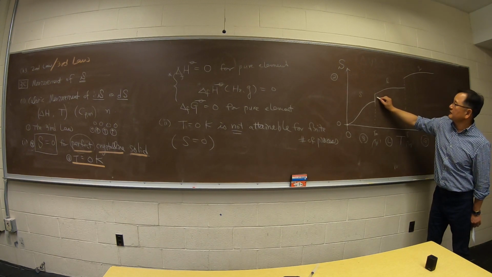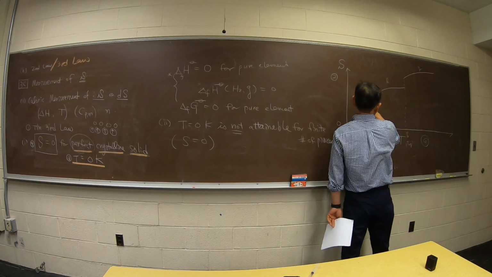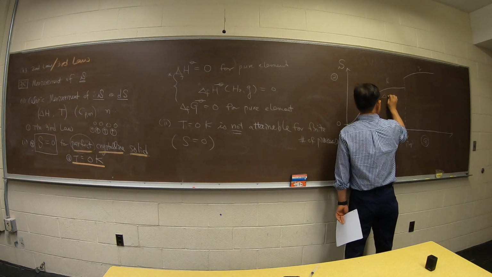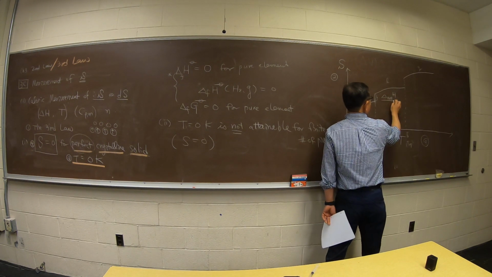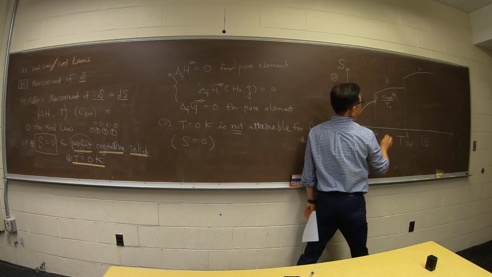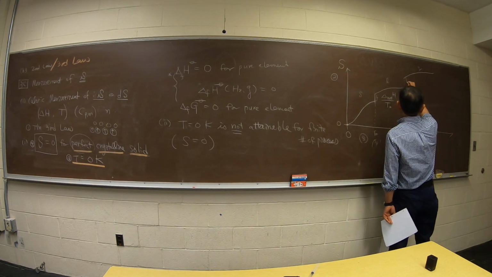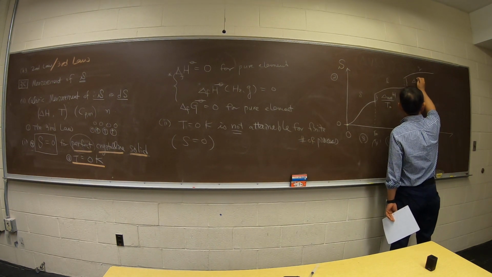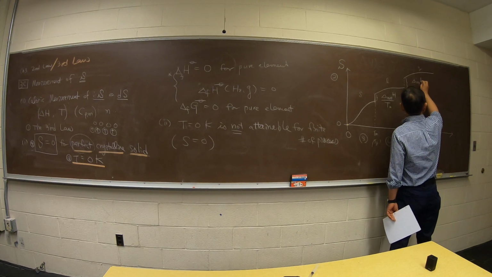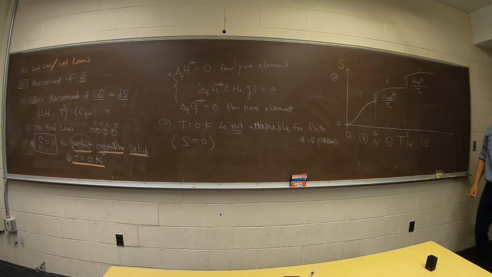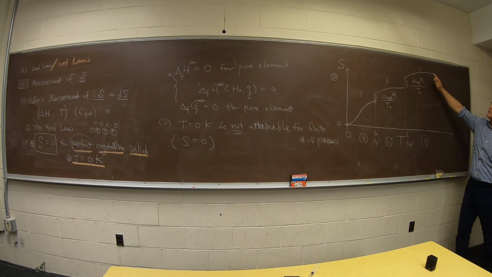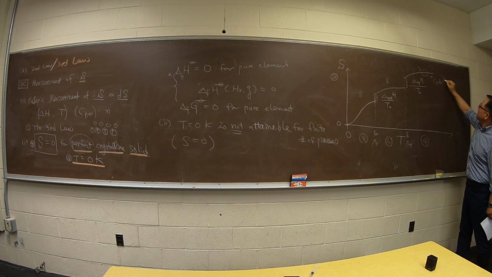This continuous change is always happening, and this jump is the delta melting entropy, delta H melting divided by melting temperature, and this jump is the delta H vaporization entropy change. And then this portion can always be derived from Cp over T dT.